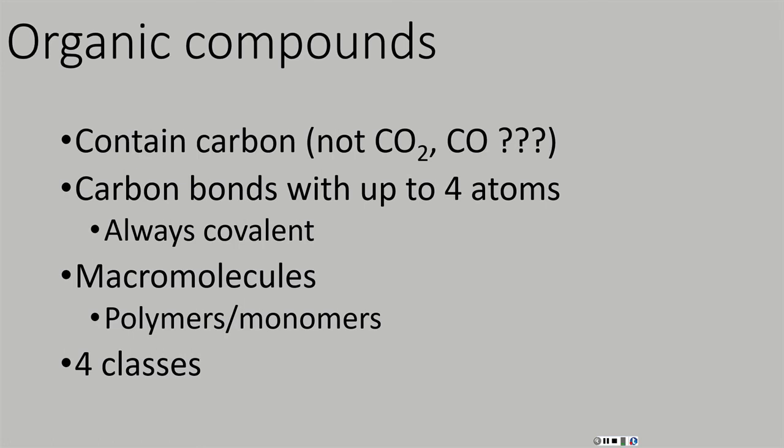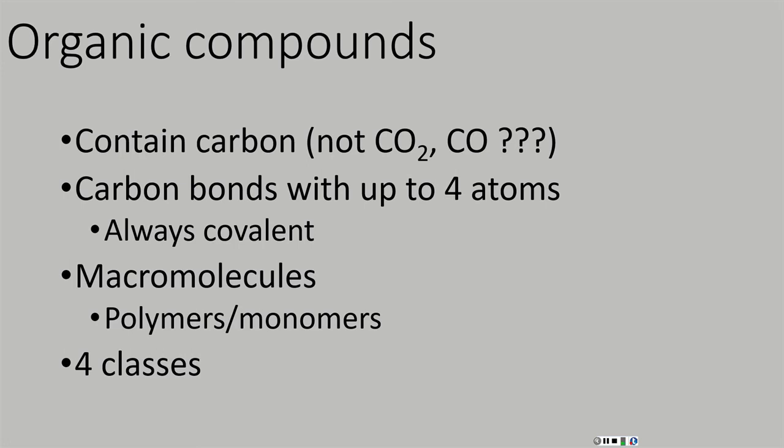But when we talk about these big molecules, we give them names. We call them macromolecules. And macro is just a root word that means large. So macromolecules are just really big molecules. And these molecules tend to be made of small units that repeat over and over and over.